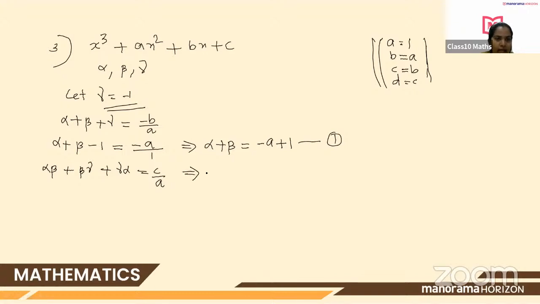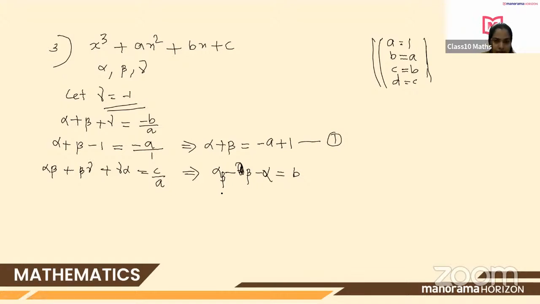Which implies alpha beta minus beta minus alpha is equal to b.